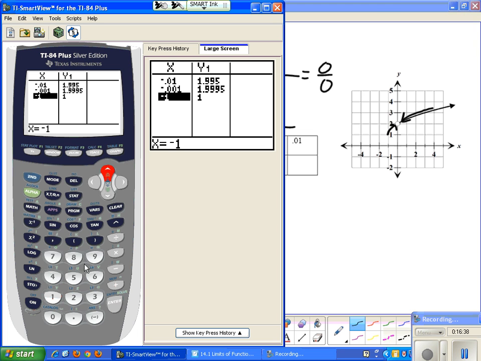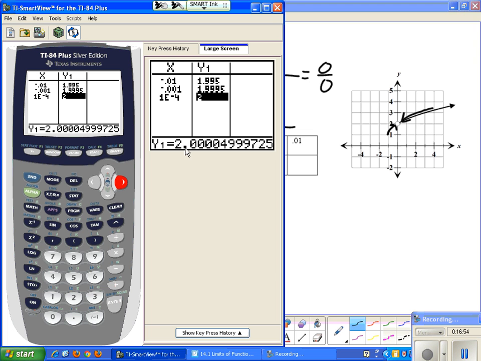Oops, I put the wrong one. Negative 0.0001. And then for that one, notice it came up like this. This just means you're moving your decimal place 4 places to the left. Notice it comes up as 2 if you look here.